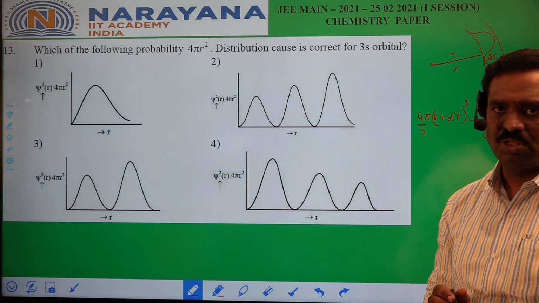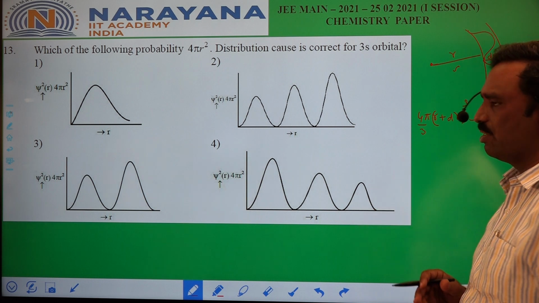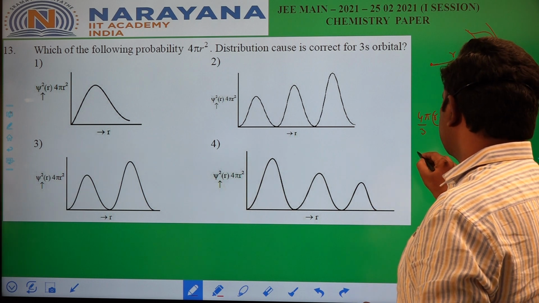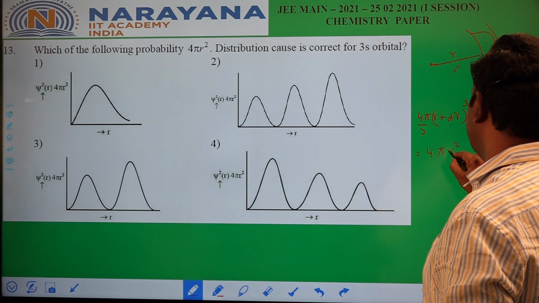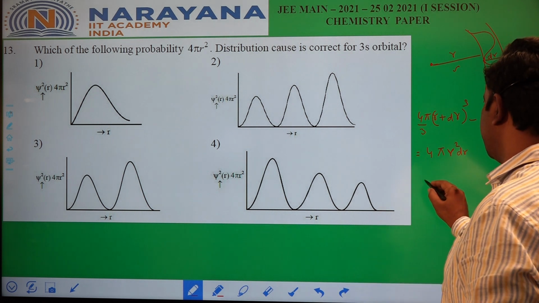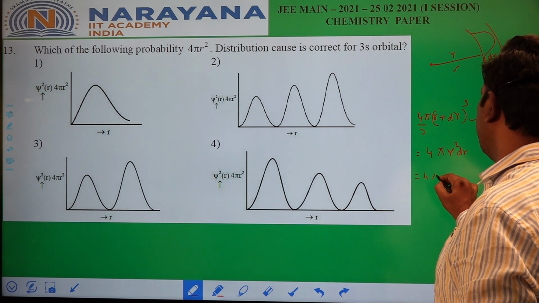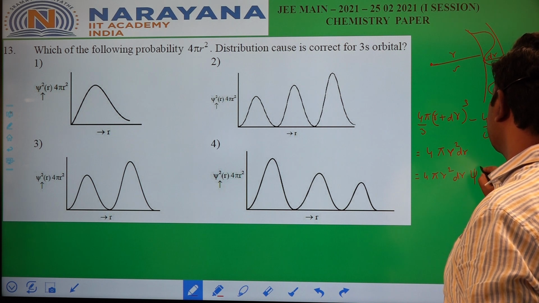This is the volume with the maximum probability of finding the electron around the nucleus. This value is 4 pi r square dr and the probability of finding the electron in that region is 4 pi r square dr into psi square.